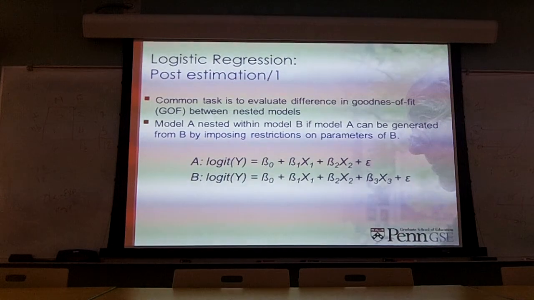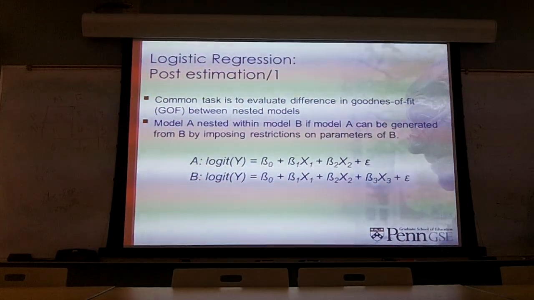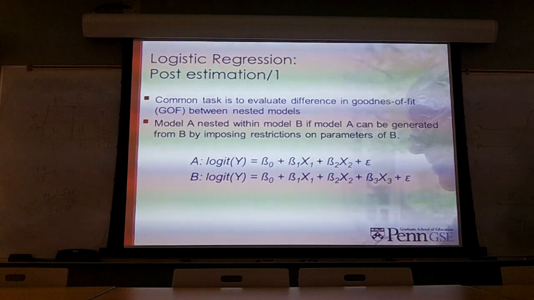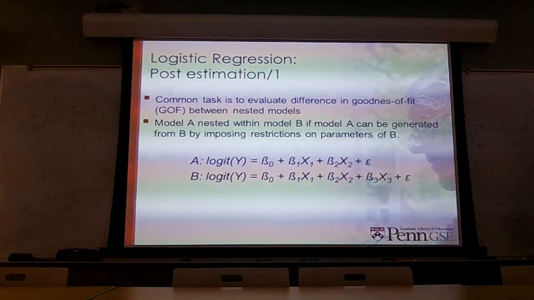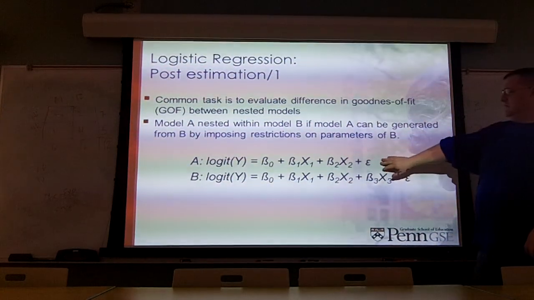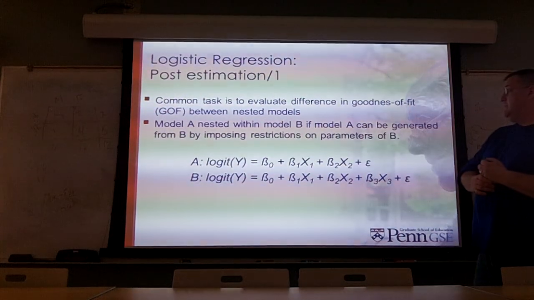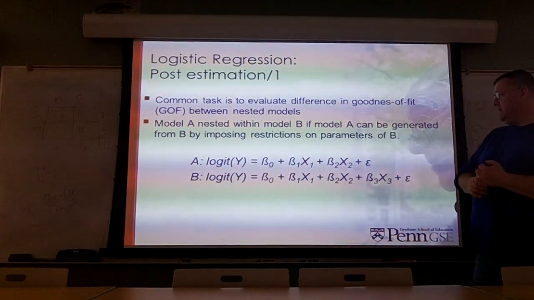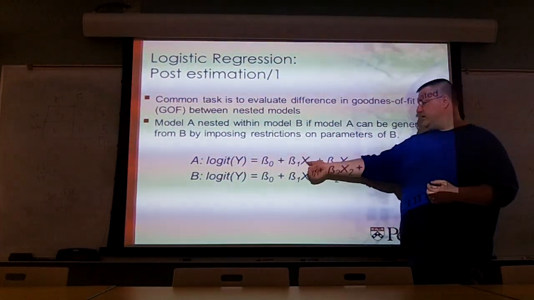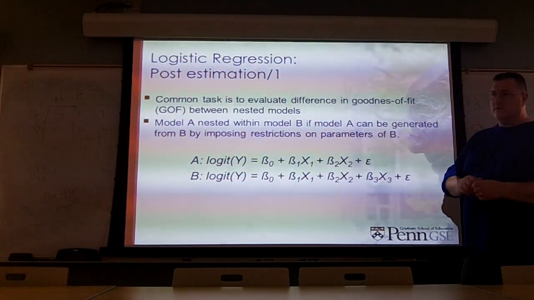So we've been talking about this concept of nested models here. So let's make this a little bit more concrete, okay? Let's say that I have a simple model, model A, and in model A, I'm going to estimate the parameters for variables x1 and x2.